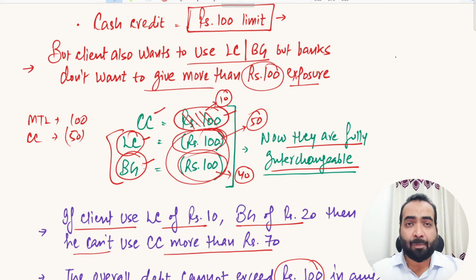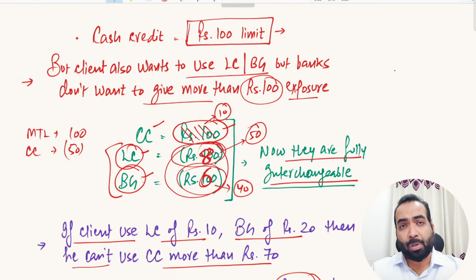So there has to be some fund based limit in it, and to do this, the bank will restrict some non-fund based facilities. Suppose the bank will restrict LC to rupees 80 and BG to rupees 60. The bank will say that you cannot use BG more than rupees 60 while remaining within the total 100 rupees exposure. You cannot use LC more than rupees 80 while remaining within the 100 rupees exposure, right?